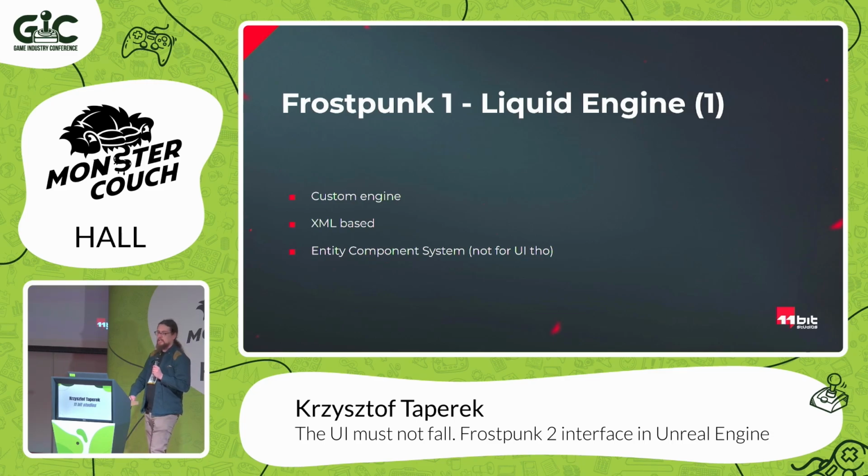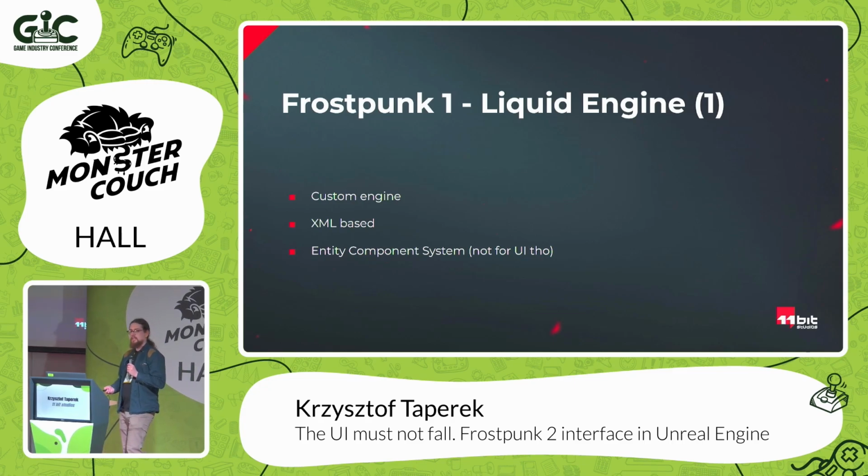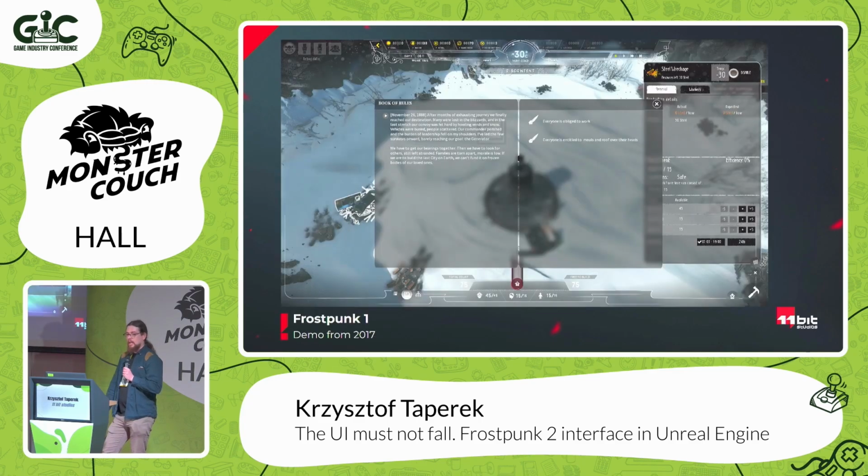It's the architecture where actors or entities are just containers for components. Components contain all data, and subsystems or systems are responsible for handling the whole logic. So they get data from components and then operate on that and modify the state of components.